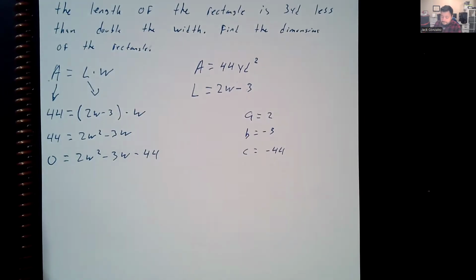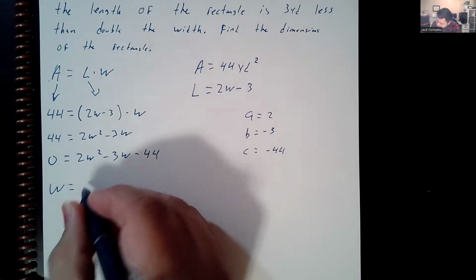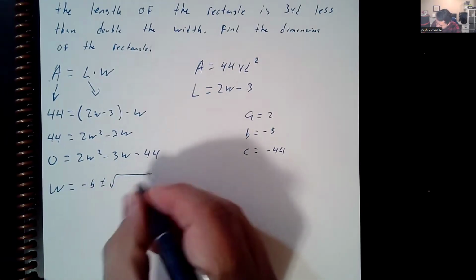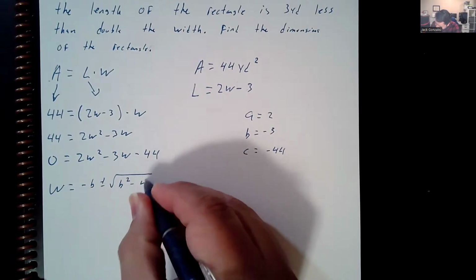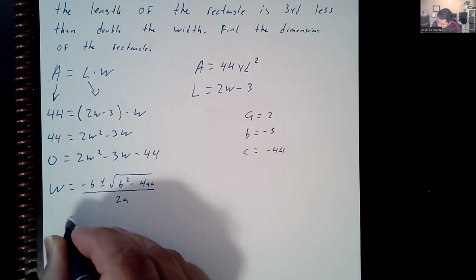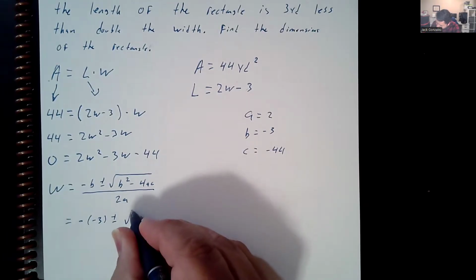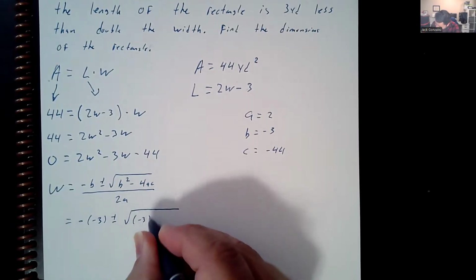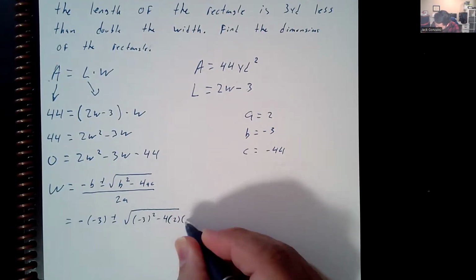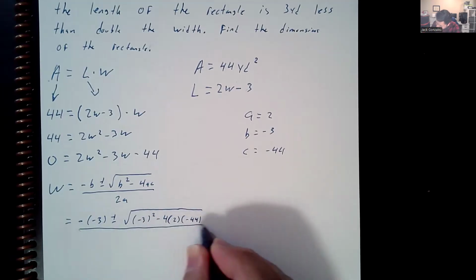Okay. So W is equal to negative b plus or minus square root b squared minus 4ac divided by 2a. So that'll be negative 3 plus or minus square root of negative 3 squared minus 4 times a times c, all over 2 times a.